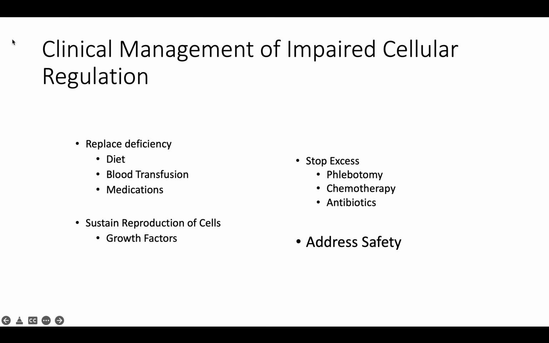So what do we do if we have a patient that has an impairment with cellular regulation? Well, the first thing we can do is replace the deficiency. If we know it's a nutritional deficiency, we're going to talk to them about increasing their diet with sources of iron. Red meats, green leafy vegetables, those types of things will help us increase that in their diet.